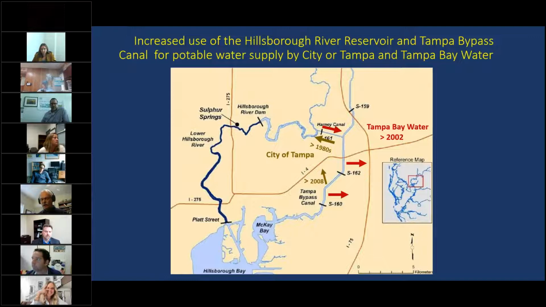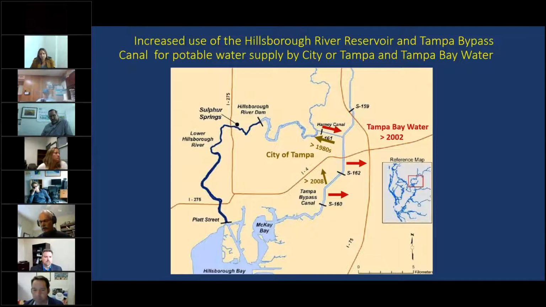For sake of time, I don't want to go into detail on this slide, but do point out that since the 1980s, the city of Tampa has augmented the reservoir with pumpage from the Harney Canal, which connects the bypass canal to the reservoir. Since 2002, Tampa Bay Water has made withdrawals from both the middle and lower pools of the bypass canal, and during high flows in the Hillsborough River, they can divert water through the Harney Canal to the bypass canal and withdraw it from there. Next slide, please.